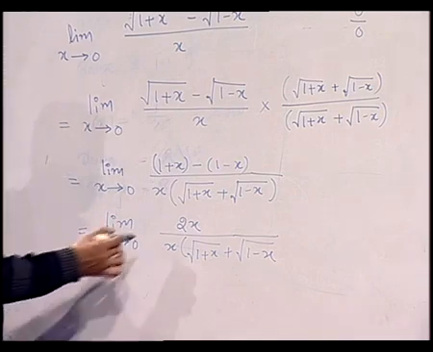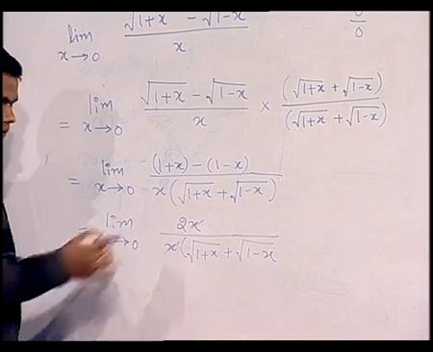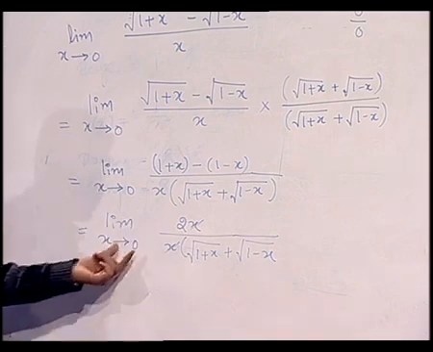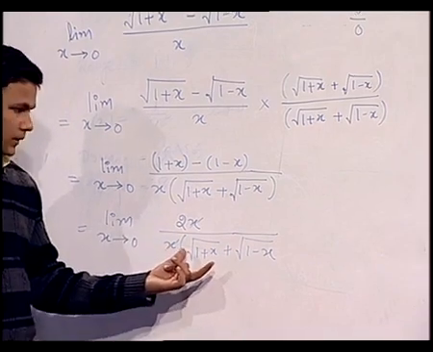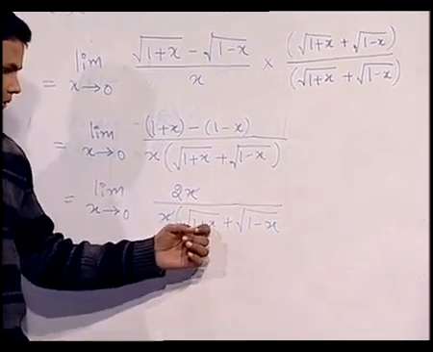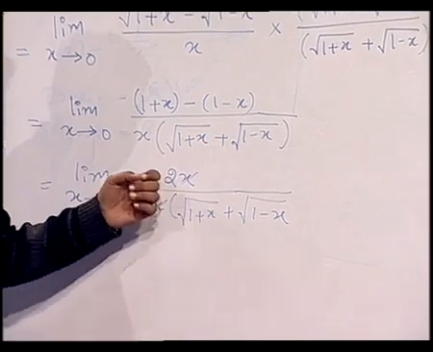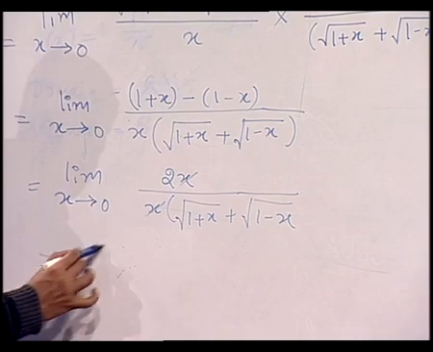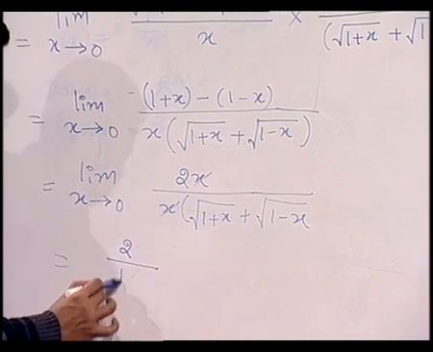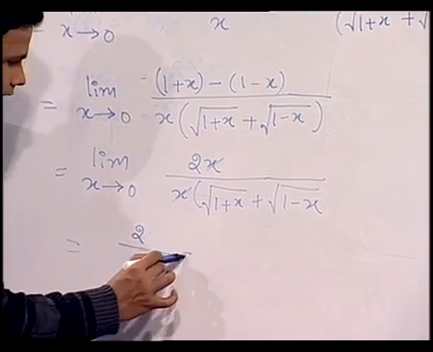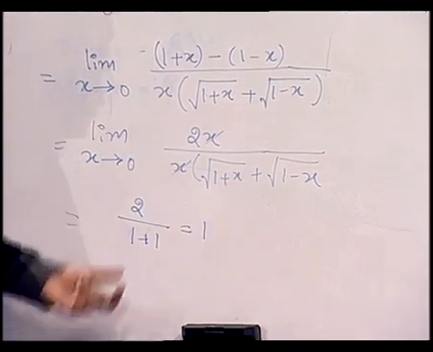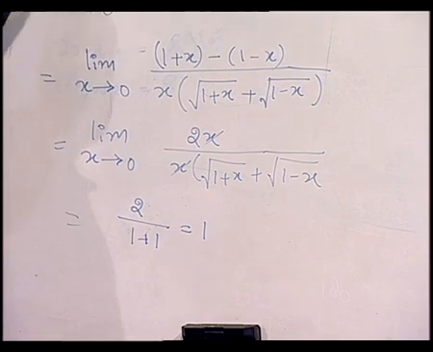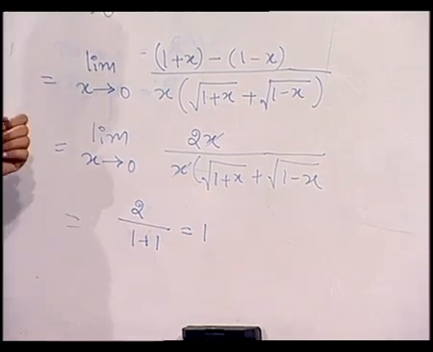And now x cancels this x, and now we can substitute x equals 0 here. So when we substitute x equals 0, we get 2 upon (1 plus 1), that is 1. So the limit of this function is 1 when x tends to 0.